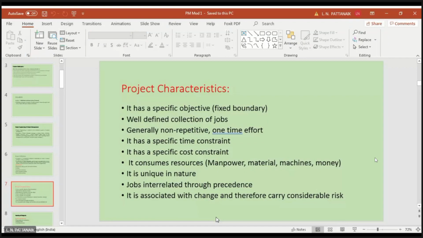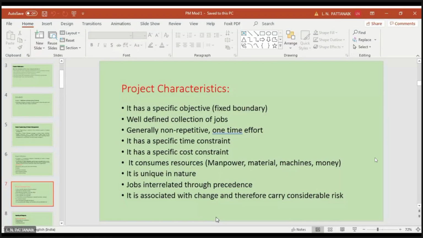But as you know, the future is uncertain. So there is a likelihood that whatever plans you have made according to the budget or the time frame may get affected because of risks, because of some kind of disruption. Just imagine that before this pandemic, many big projects were going on normally. But what happened to them after the pandemic?